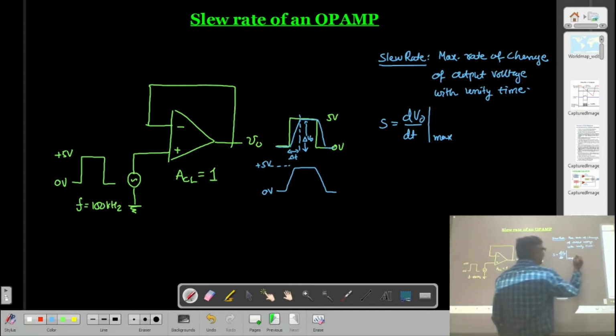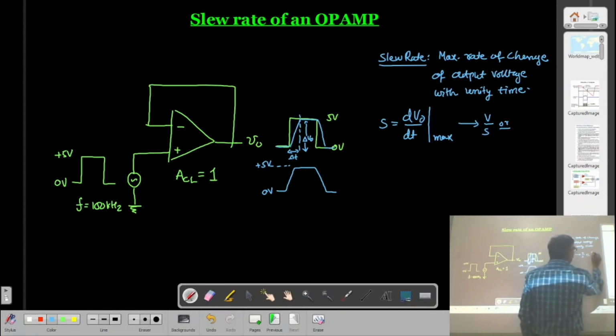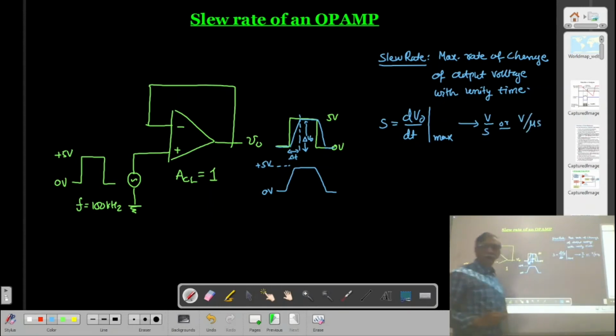The unit of the slew rate is volt per second, or it is represented in volt per microsecond. Normally, in the data sheet of the operational amplifier, the slew rate is given in units of volt per microsecond.